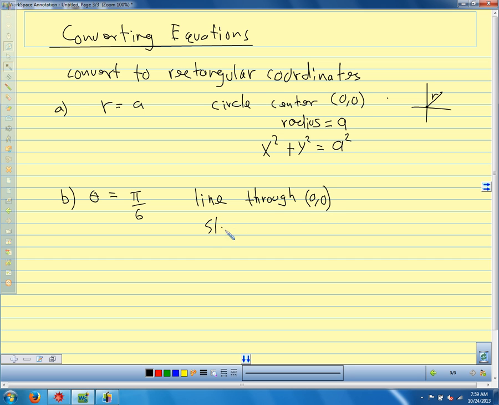And we know that tan pi over 6 equals y over x. That gives us our slope. So the tangent of pi over 6.